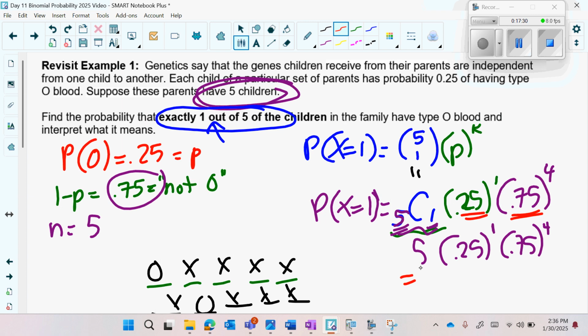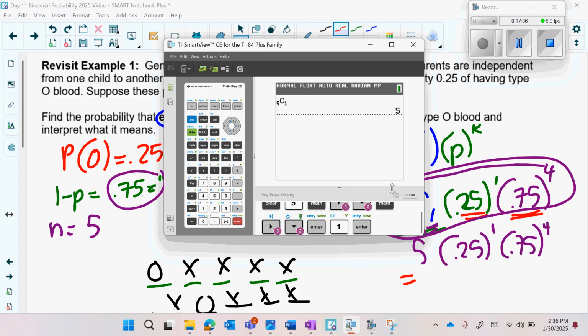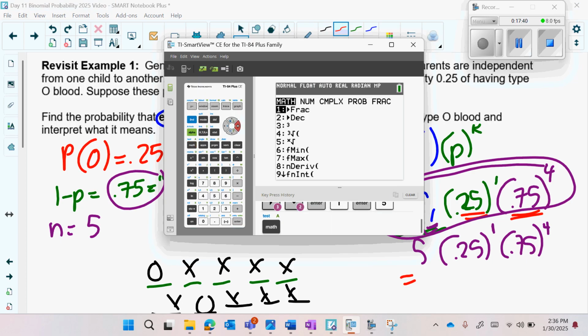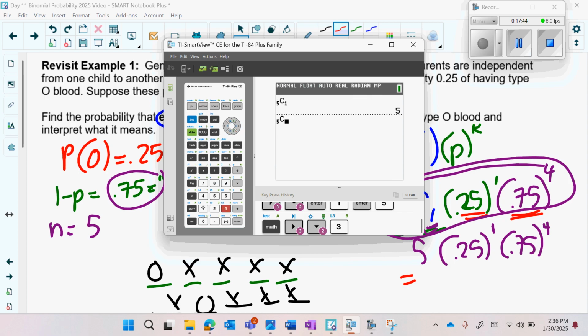So here we go. First, we're going to put in the whole thing exactly like this, and I'm going to show you what we get. So you're going to press, same thing, 5, math, go over to prob, go down to the 3 for combination, 1. So this means how many combinations, again, are we going to have? Parentheses.